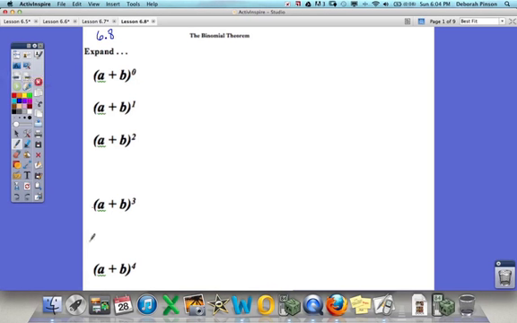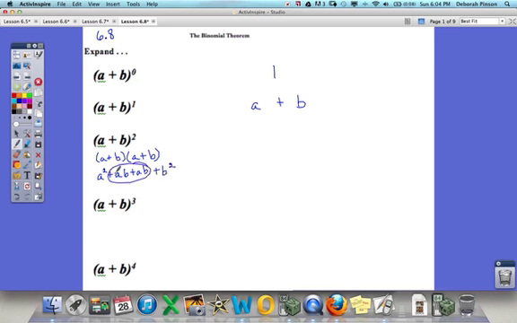So I just want to go through, and for the first few, I just want you to see a pattern here. So anything to the 0 power is 1. Here, anything to the first power is itself. If I were to FOIL this, let me do that real quick, because I can do a plus b. A plus b squared would be a squared plus ab plus ab plus last b squared.